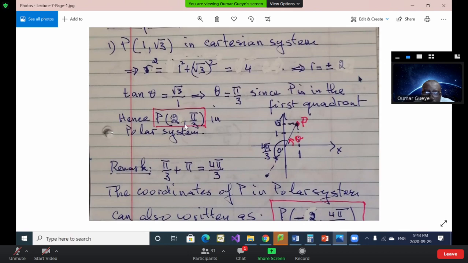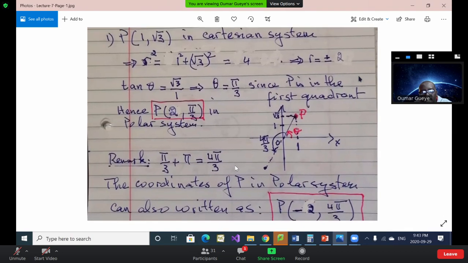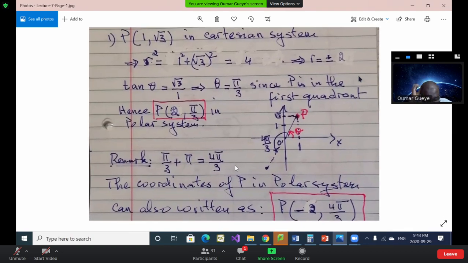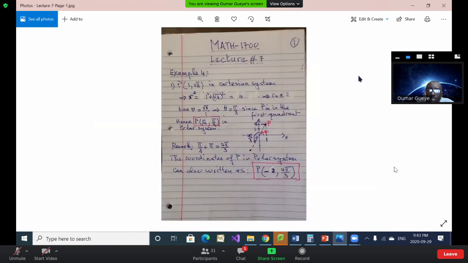If you add pi, you get the second point. Not the second point, but the other way to represent the same point. Any question?